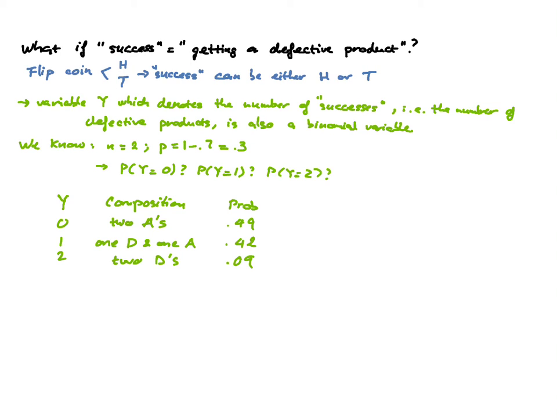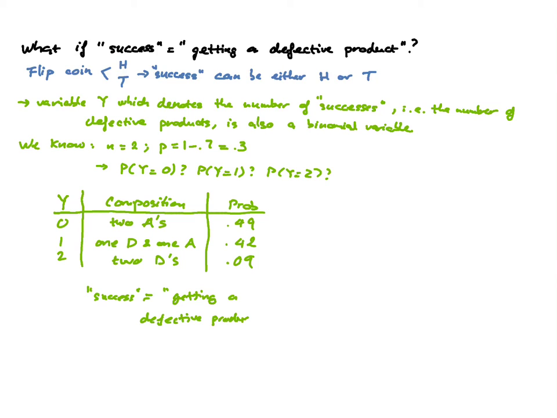Okay, so for this table, we have success being getting a defective product.